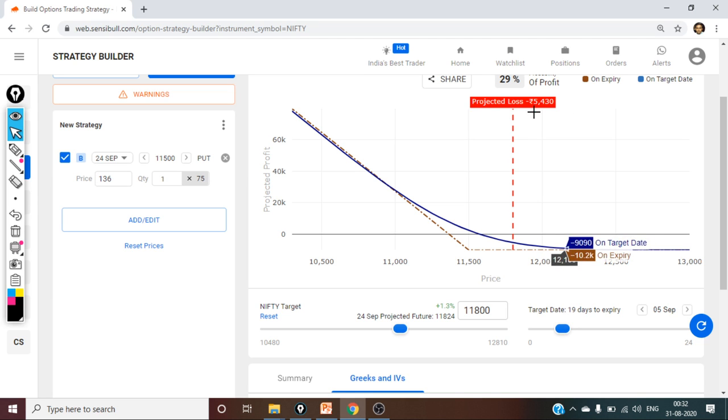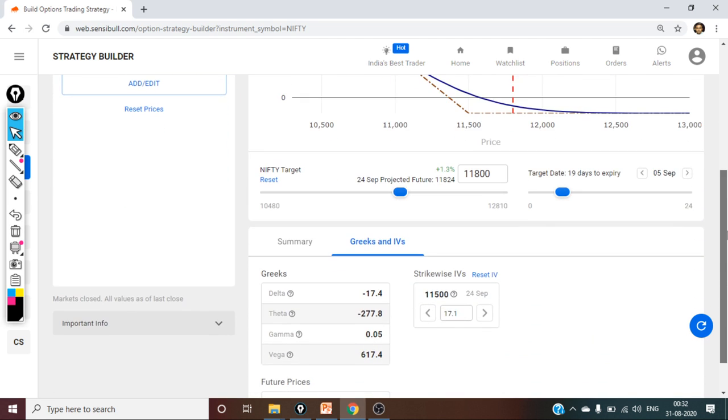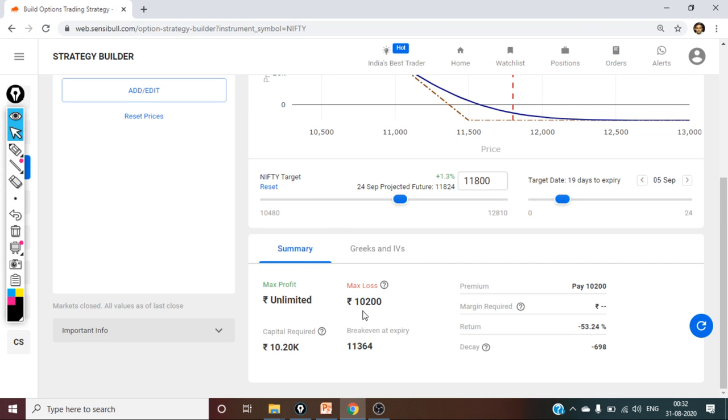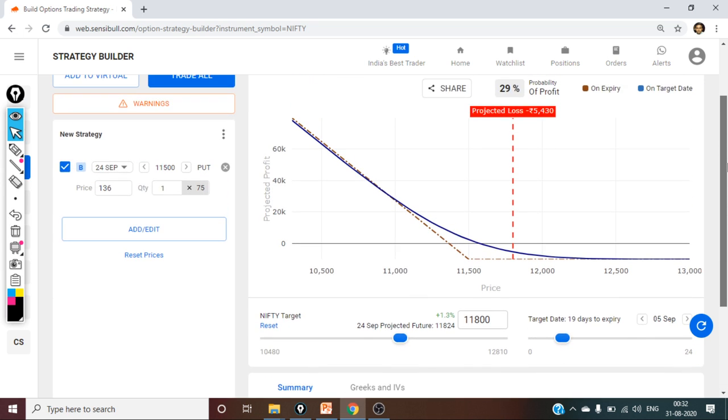Now we lose near about 5,000 rupees and our maximum loss is 10,200 rupees. But after losing 5,000 rupees, I don't want to lose more. My view is wrong.